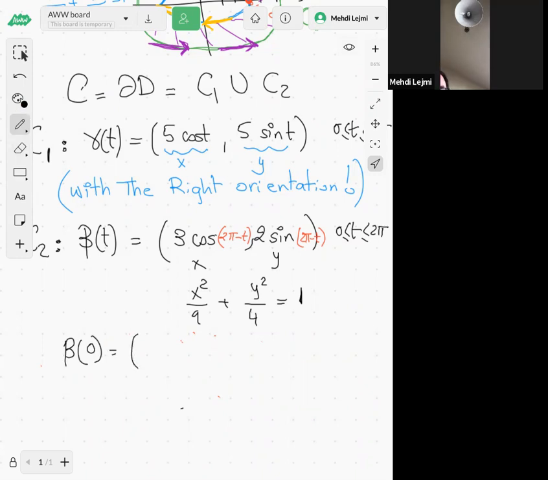Beta of 0, that will be 3 equals sine of 2 pi, 2 sine of 2 pi, which is again 3, 0. Okay. But let's see what happens when t is pi over 2.